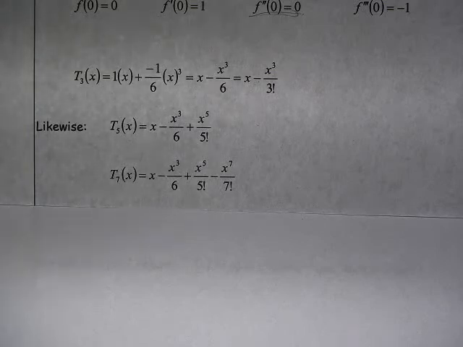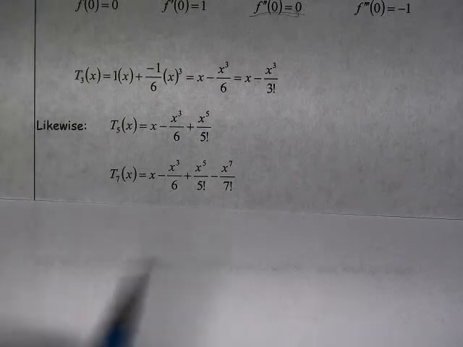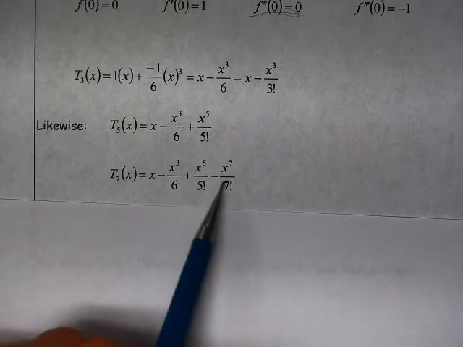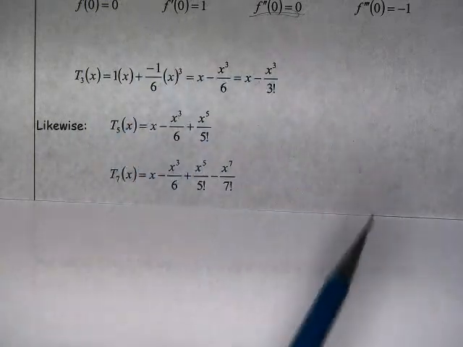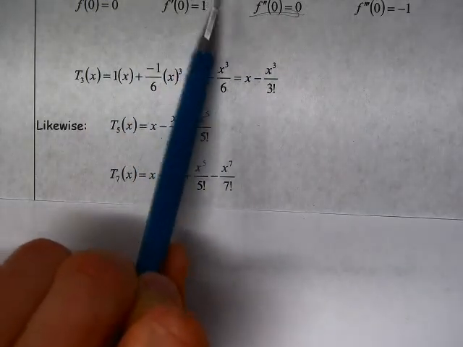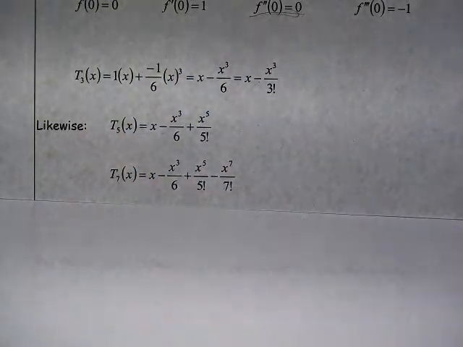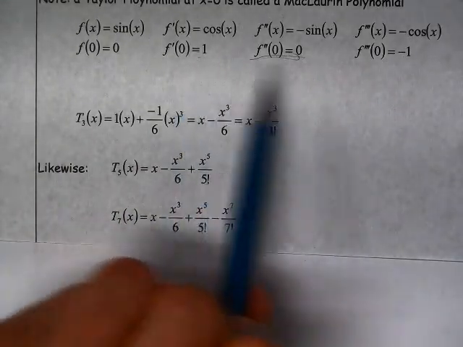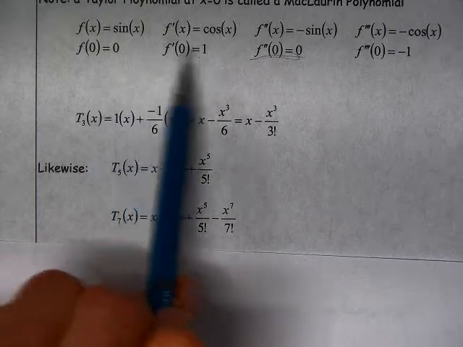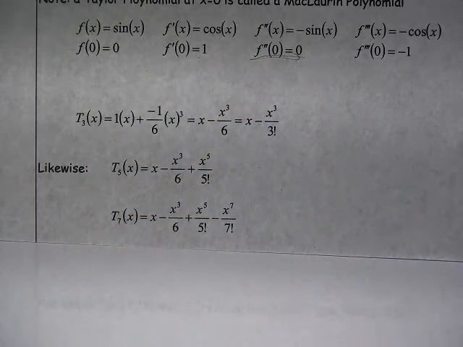There are some things we want to note about this. I have alternating signs because of the way the derivative of sine alternates in sign. I have positive cosine, and then two derivatives later I have negative cosine, so I get 1 and negative 1. The even powers all go away because the derivatives are equal to 0 at x equals 0.